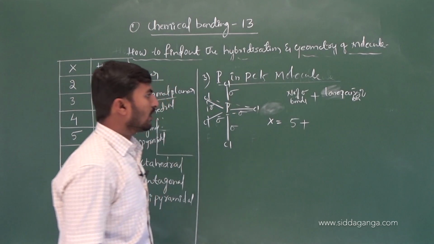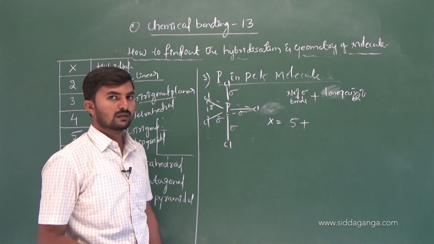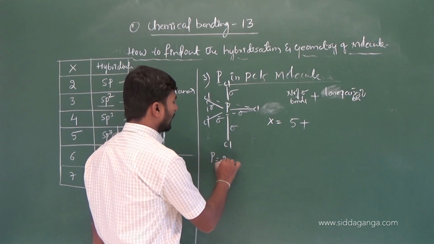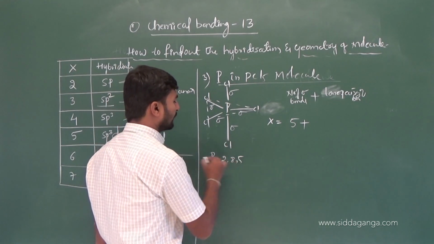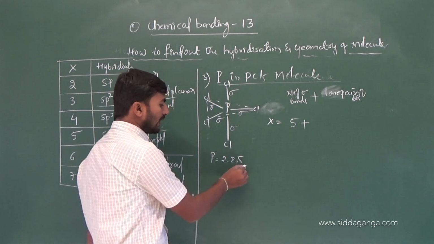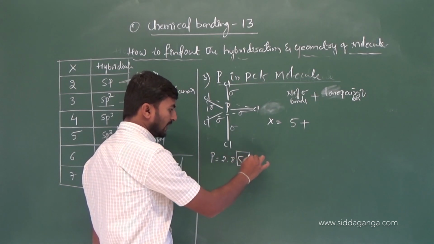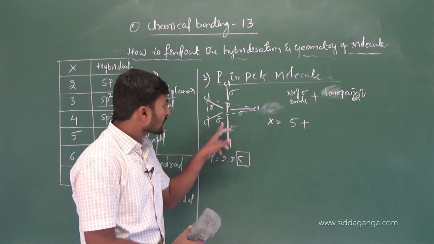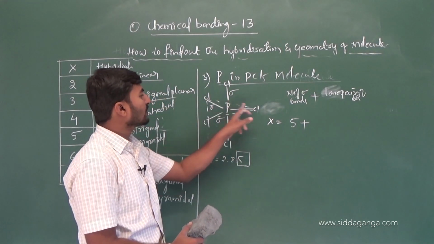And how many lone pairs of electrons are there? There are no lone pairs of electrons because phosphorus has the 2,8,5 configuration. That means in the valence shell it has only 5 electrons, and those 5 electrons are already utilized for the formation of bonds.